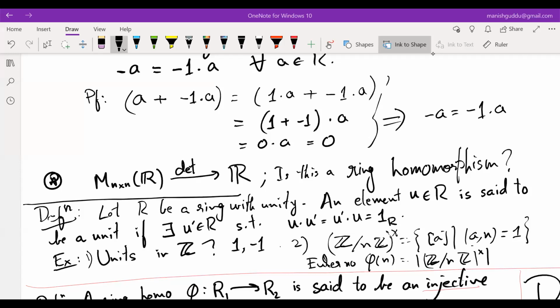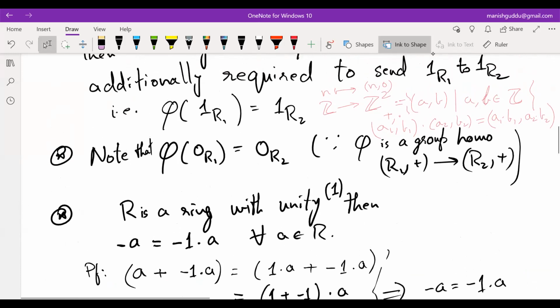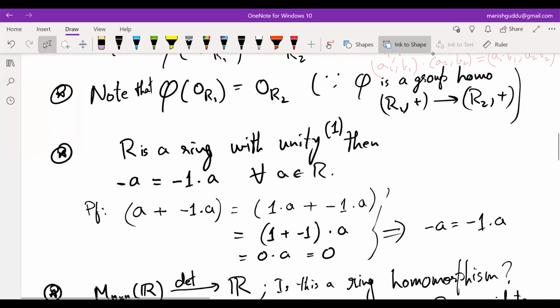Okay. So let me just briefly go over the previous part, since part of it wasn't recorded. This homomorphism sends 0 of R1 to 0 of R2 because phi is a group homomorphism, and another good property is that the negative of an element, the additive inverse of an element, is the same as multiplying by -1.